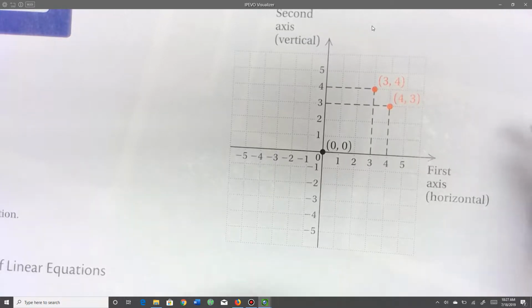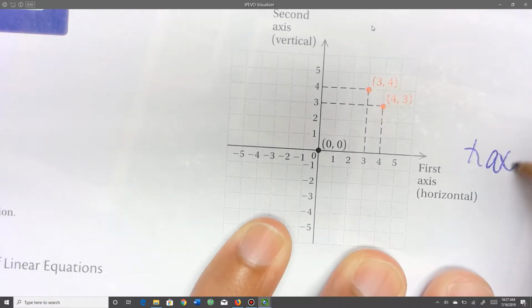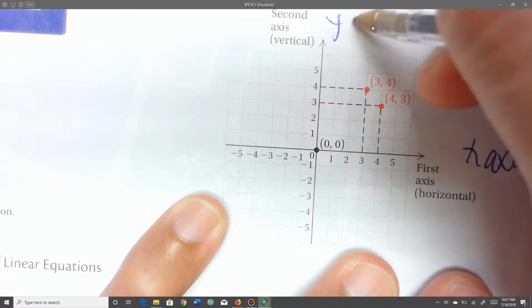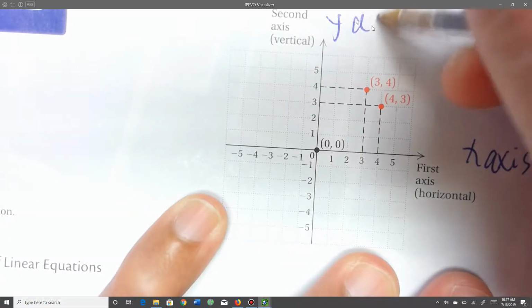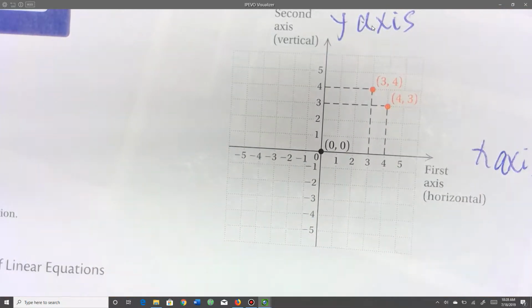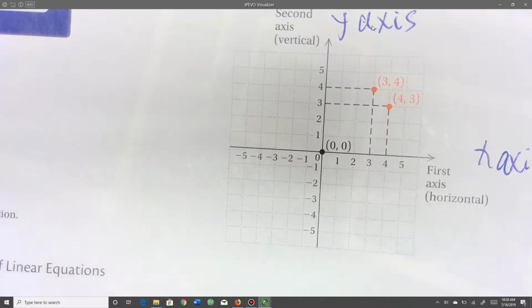Well, let me go ahead and write it here. X-axis and the y-axis. All right, and memorize those. Let's see what else.